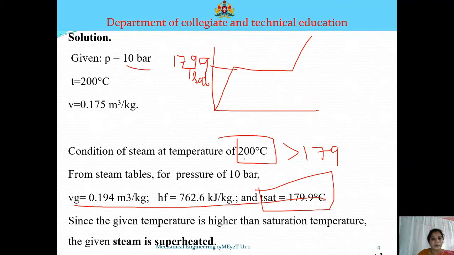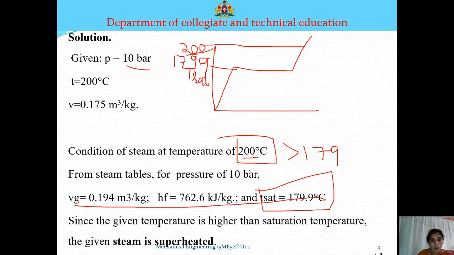179.9. But what is the value of temperature mentioned in the problem? It is 200 degrees Celsius. So it's obvious that 200 will come somewhere in this particular region. Will you agree? Then tell me, what is the condition of steam? It is superheated steam because the given temperature is greater than the saturation temperature for 10 bar pressure.